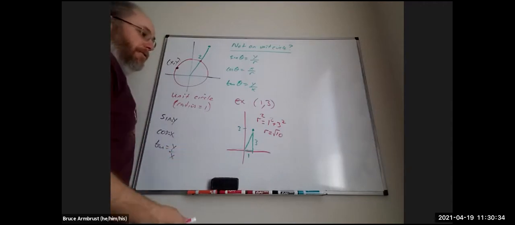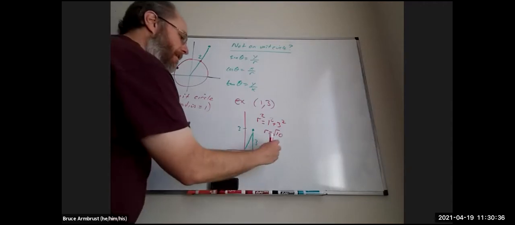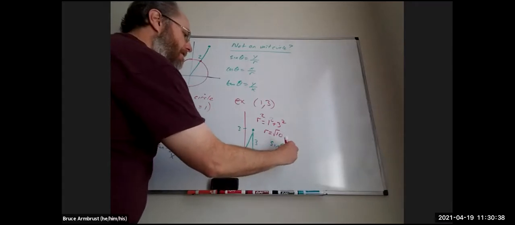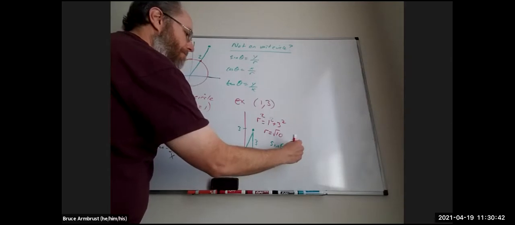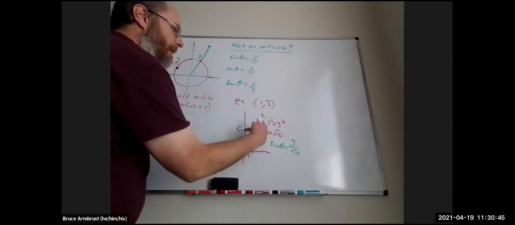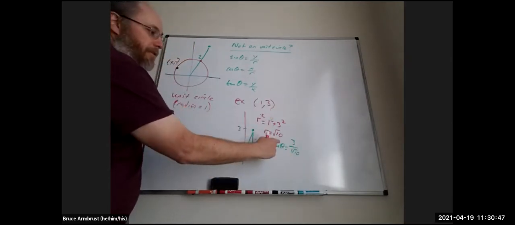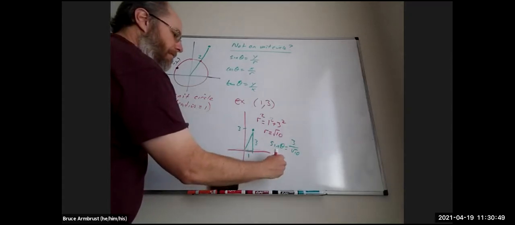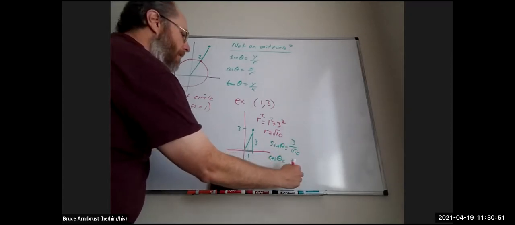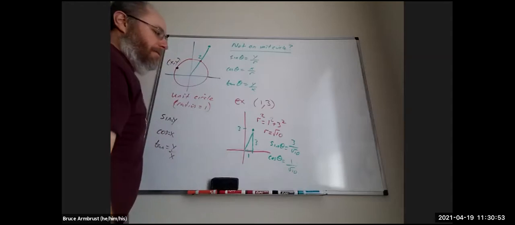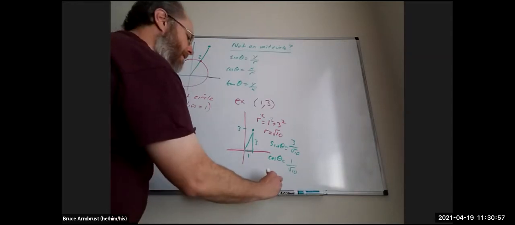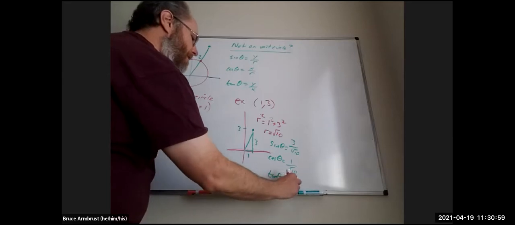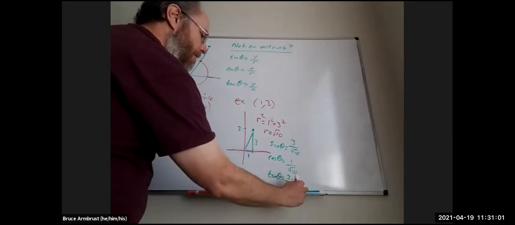Then we can get our trig function values. Sine of theta is going to be 3 over the square root of 10. We have to take that y coordinate and adjust for our radius. The cosine is going to be 1 over the square root of 10. And then the tangent is lovely because it's just 3 over 1, or 3.